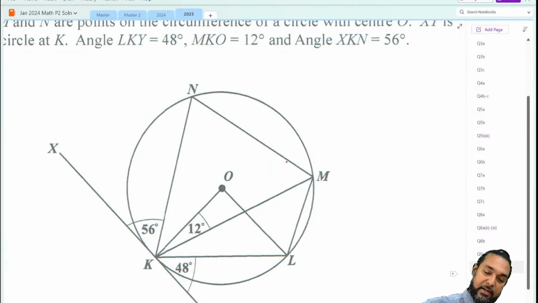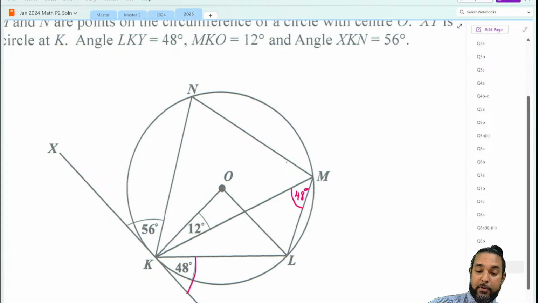So it wasn't that angle. It was this whole angle here. But we could actually use what we just did to find this piece here, and also this piece across here. This piece here, as we saw, is equal to 48 degrees.